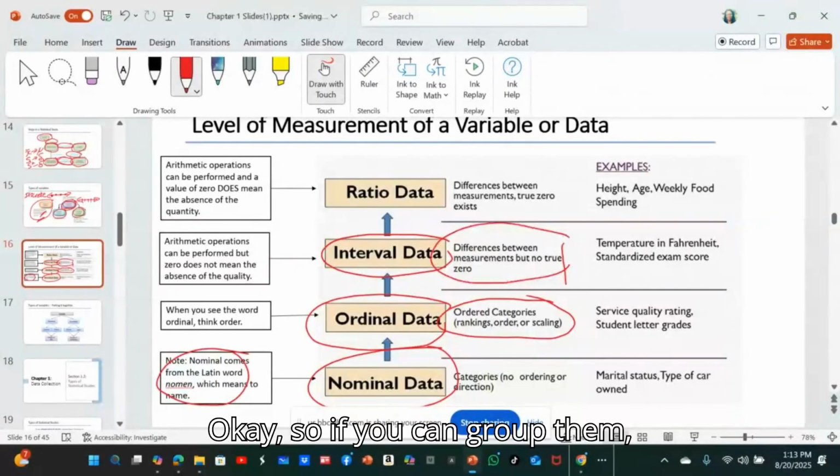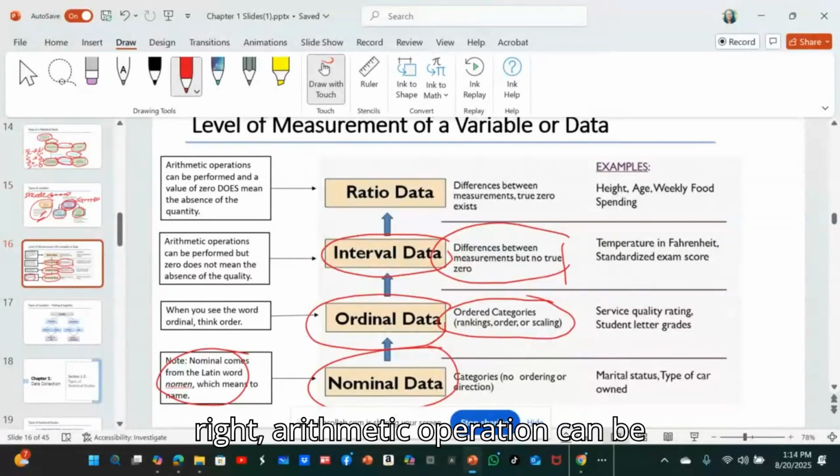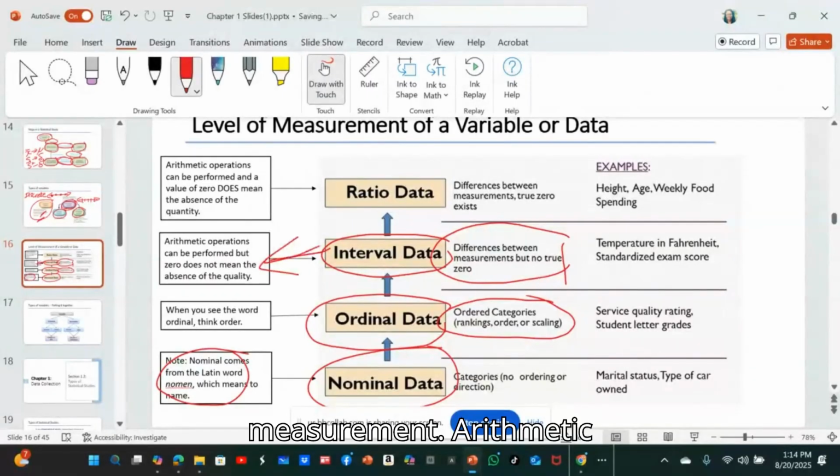Examples are temperature in Fahrenheit and standardized exams. Arithmetic operations can be performed in interval measurement, but 0 does not mean the absence of the quality.